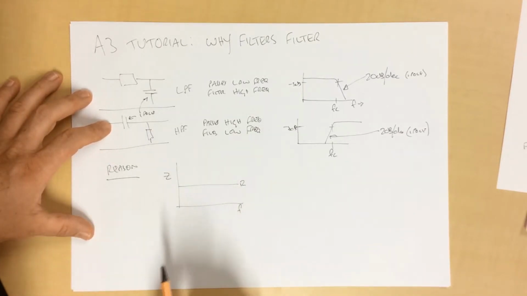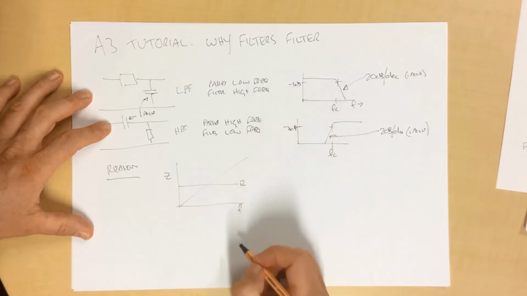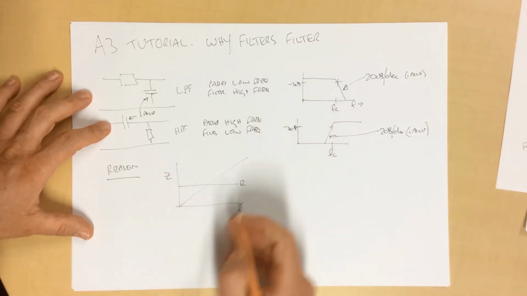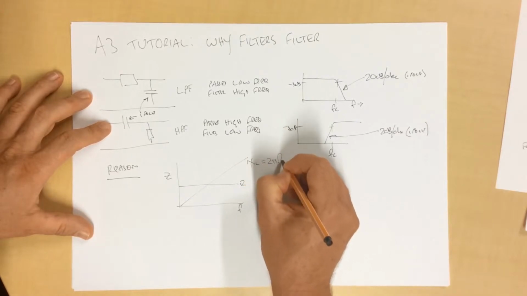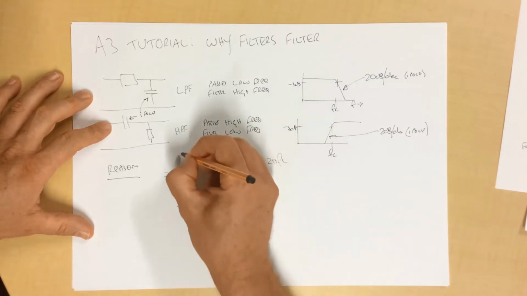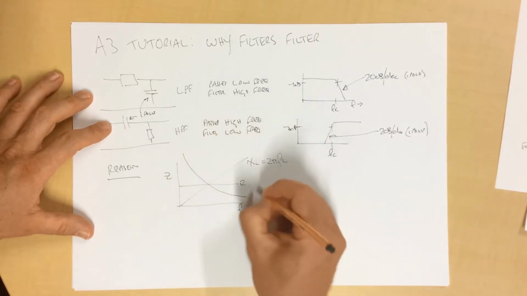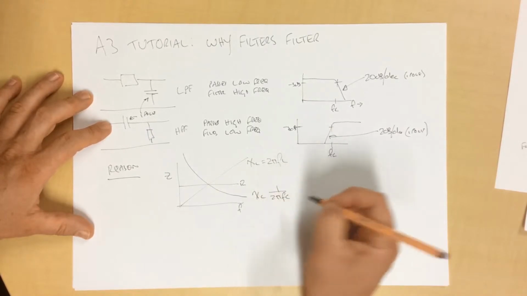However, this is not the case with capacitors and inductors. We know that there's a linear relationship between frequency and impedance. XL is 2 pi FL. And we know the relationship between impedance and capacitance. XC is 1 over 2 pi FC.